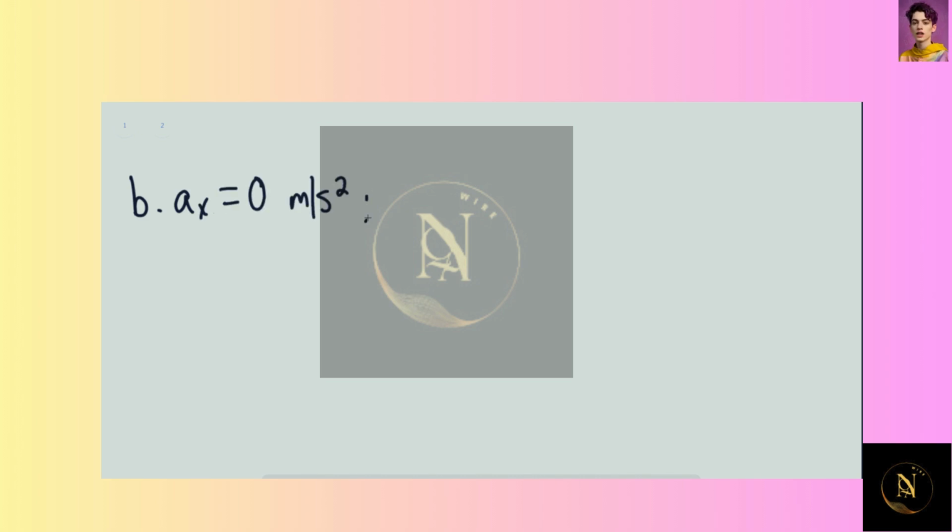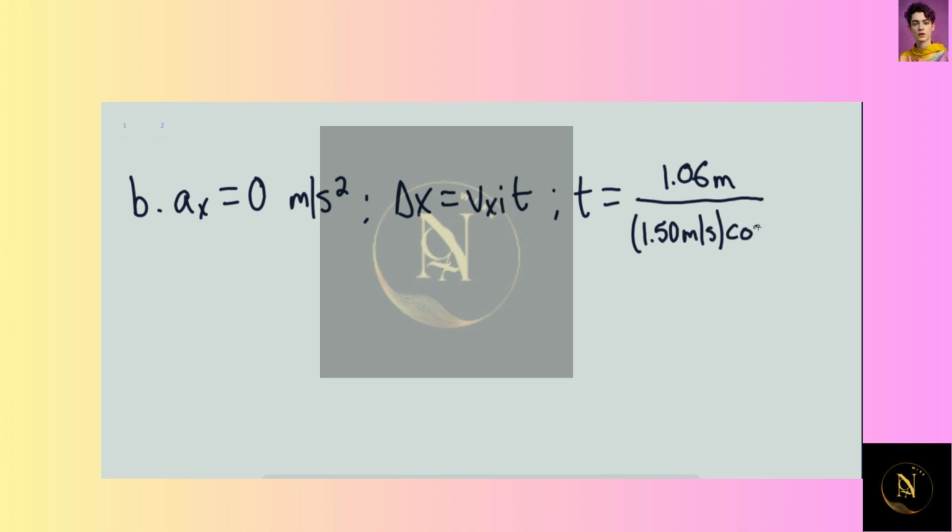Delta x is simply equal to vx initial t, and so t is going to be equal to 1.06 meters, divided by the initial velocity 1.50 meters per second times cosine of 50 degrees. And so t is equal to 1.10 seconds.